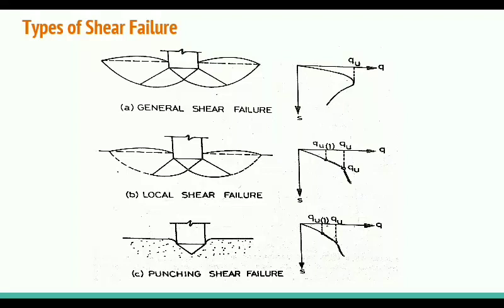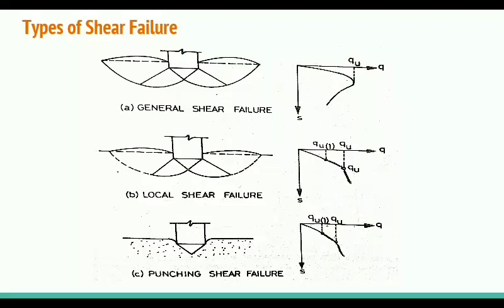Right, so these are the three types of shear failure, which is very important. So you will see, we are not constructing a foundation or a footing in the case of soft clay. We are not doing that. It means that punching shear failure will not happen if we are not going to construct.